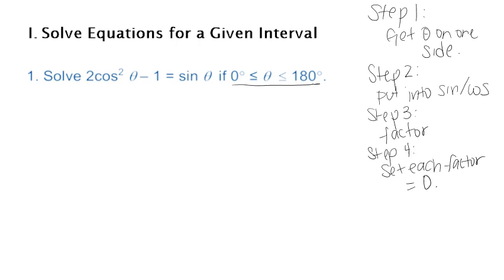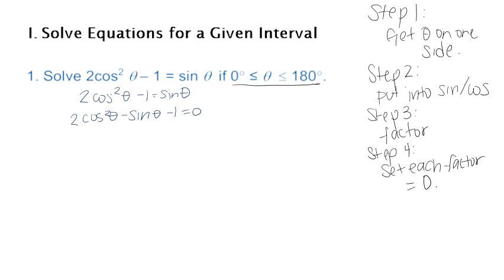We are going to go ahead and work on solving 2 times the cosine squared theta minus 1 is equal to sine of theta. So I'm going to work to get theta all over to one side. So this would be 2 times the cosine squared theta minus sine of theta minus 1 is equal to 0.